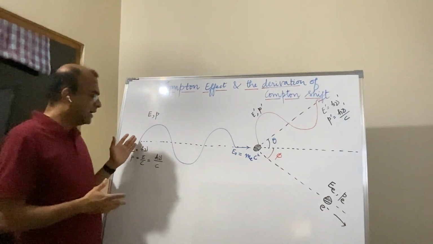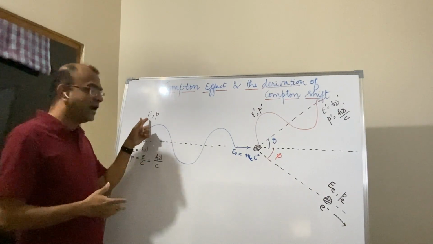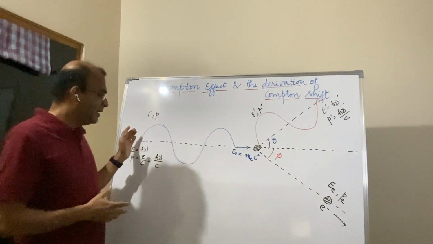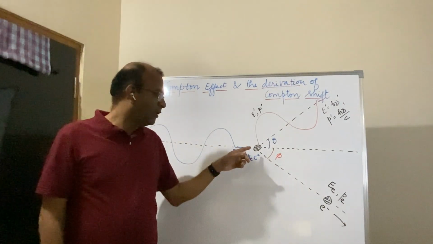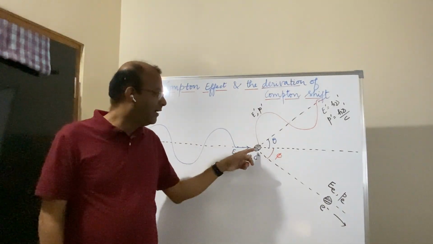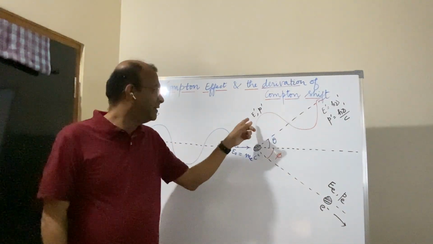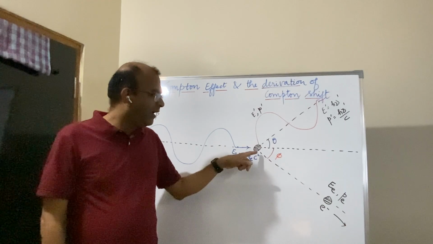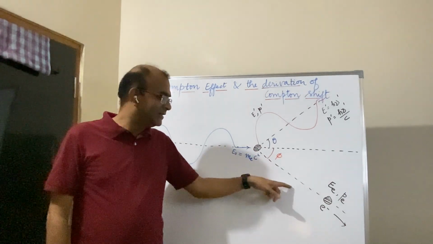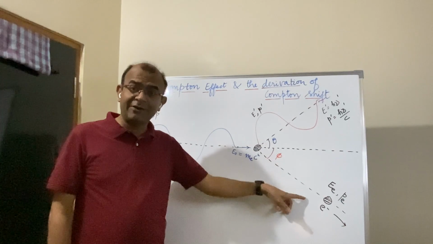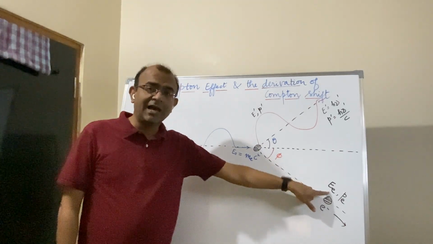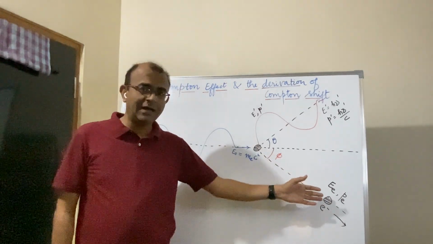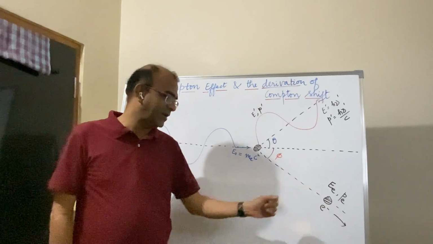We can see that a photon of a certain energy E and momentum P is incident upon an electron and gets scattered with a different energy E prime and momentum P prime, and the electron gets scattered in another direction with energy E suffix e and P suffix e to indicate that these are electron energy and momentum.